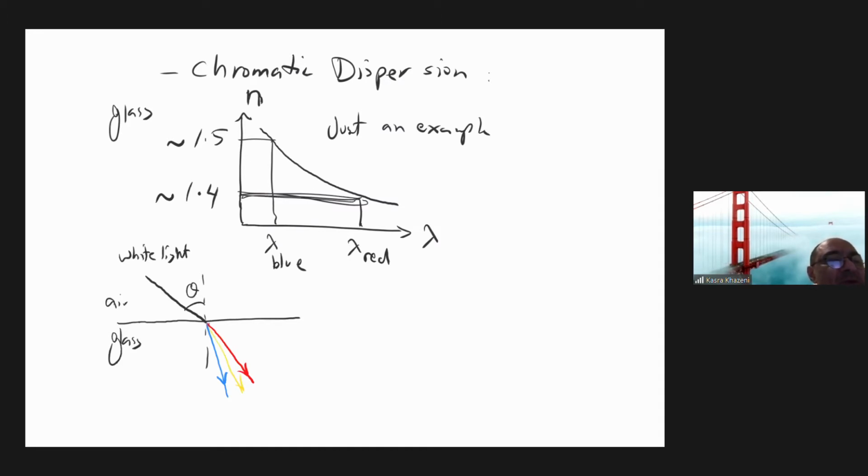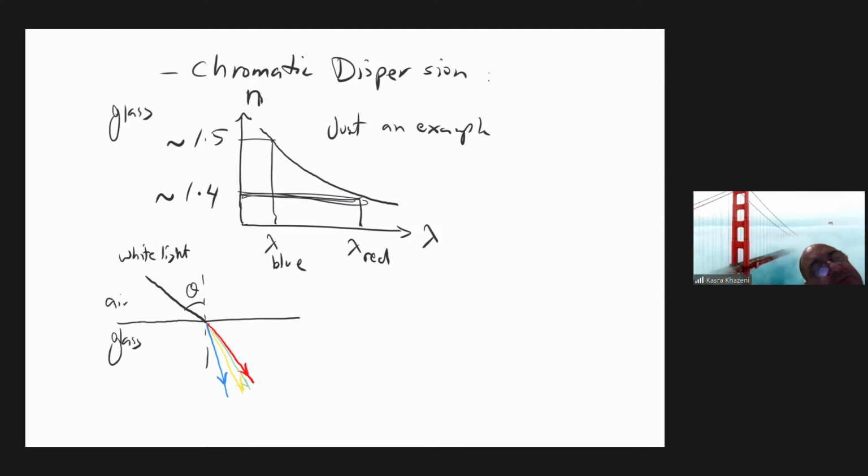Everything else will be there, but the extremes of the human vision system are pretty much blue on one end of the spectrum and red on the other. Therefore, if white light goes in at an angle into a medium like glass, you'll see a rainbow of colors, because the index of refraction is different for different wavelengths.